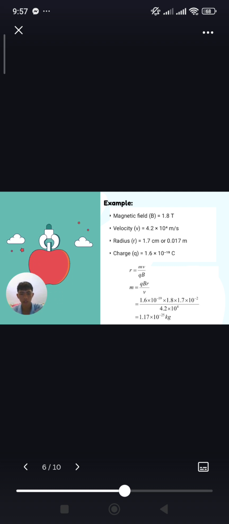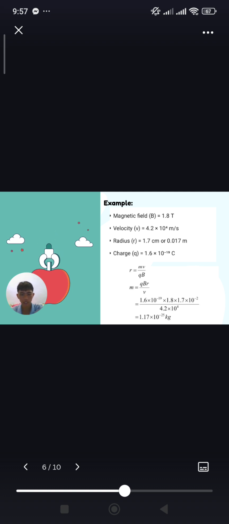So we use the formula r is equal to mv over qB. What we are looking for here is the mass of the zinc ion. So we will use the formula m is equal to qBr over v. Now we just substitute the values.